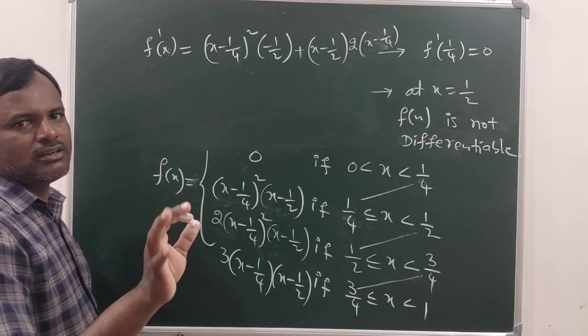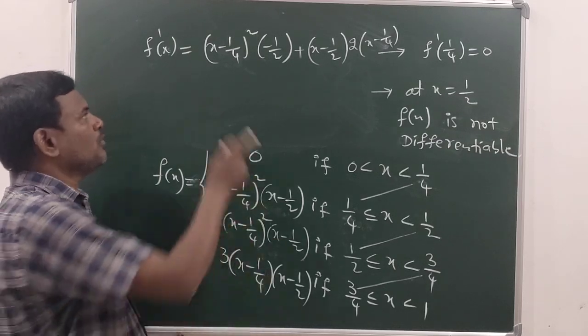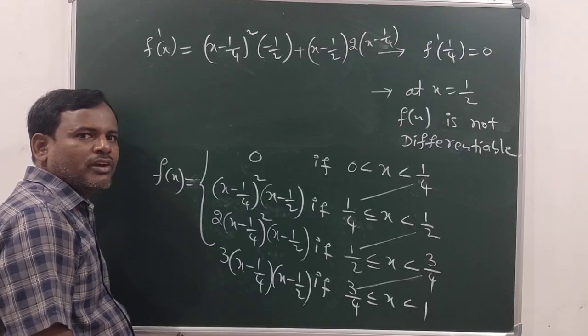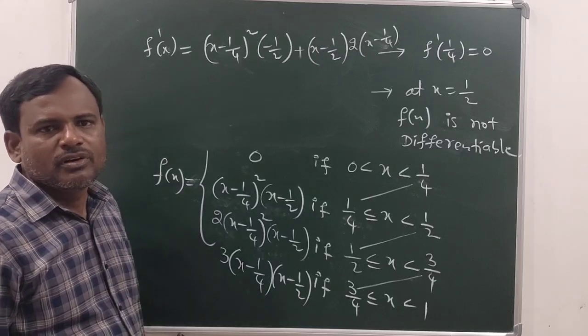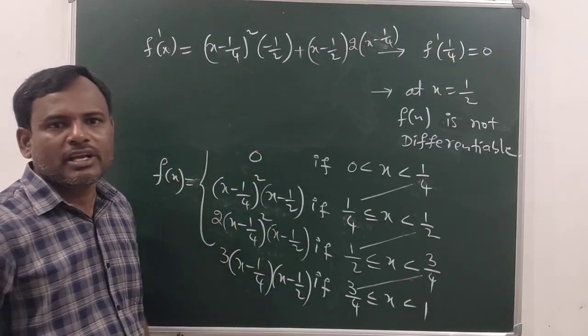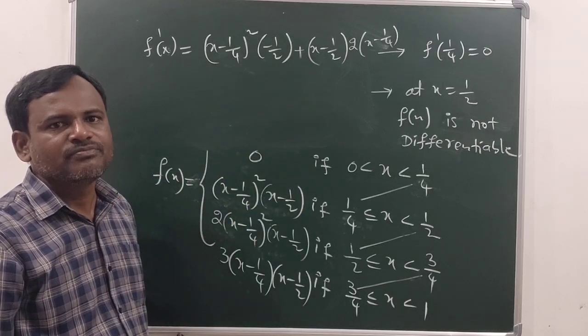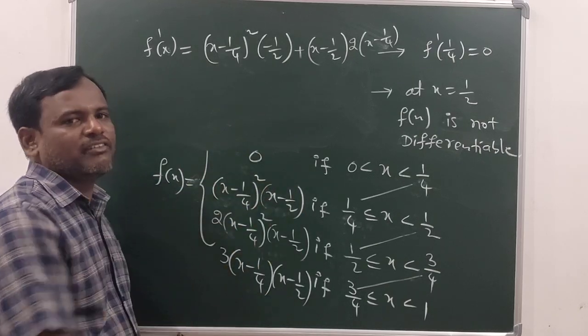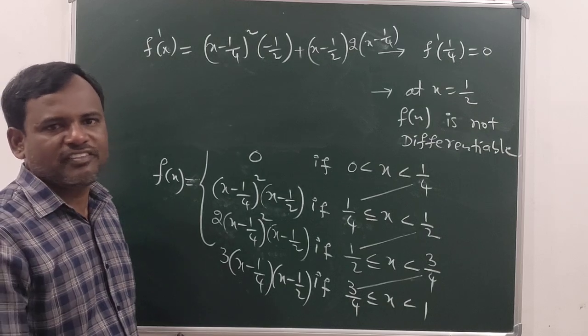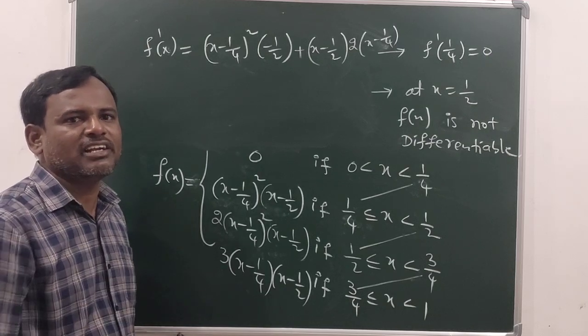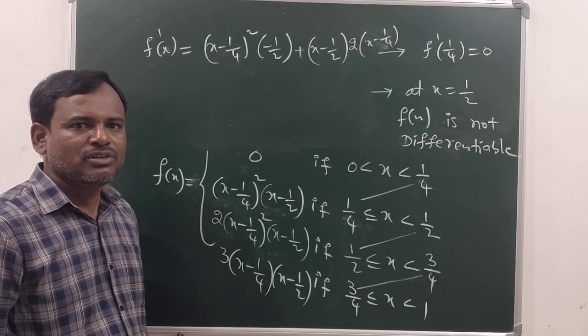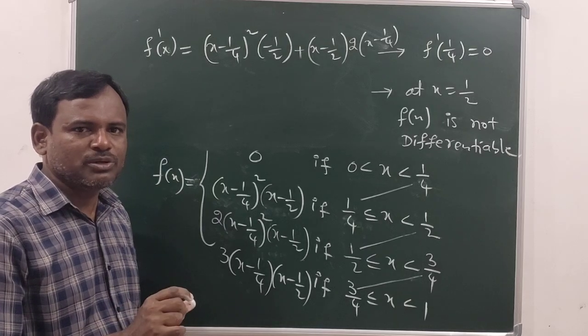How to check a minimum value? I did the first derivative and you equate this equal to 0 so that we will get the critical value. And do the second derivative also. If the second derivative is positive, then that function will attain a minimum value. So, are you getting me, students?